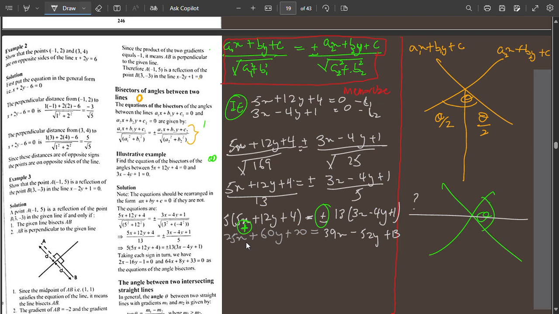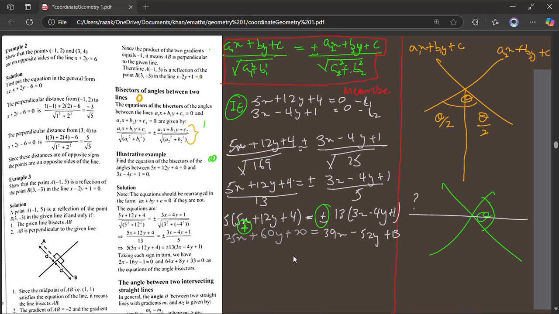So 39x and 25 go to that side, we have 14x, and 60y goes to that side, we have minus 112y. Then 20 goes to that side, we have minus 7 is equal to 0. So when we are using plus, this is the equation of the bisector, right?